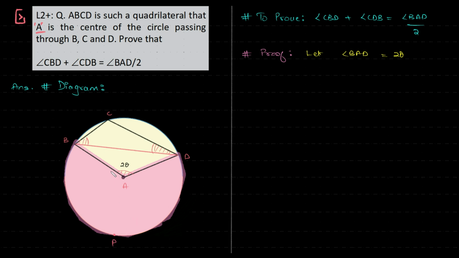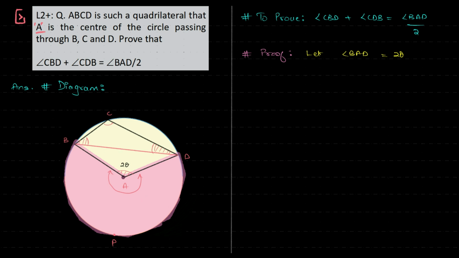Now, whatever angle is over here, if we say this is 2x, this will be x. The major arc PBD is subtending an angle of 2x. So this arc will subtend an angle of x at the circumference, as it's subtending an angle of 2x at the center. Okay, so this is the whole funda.